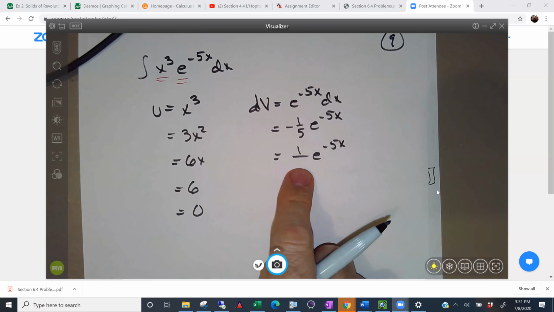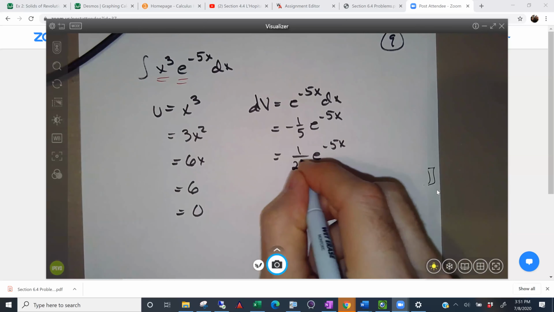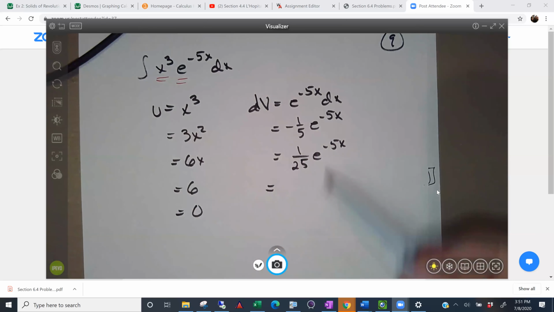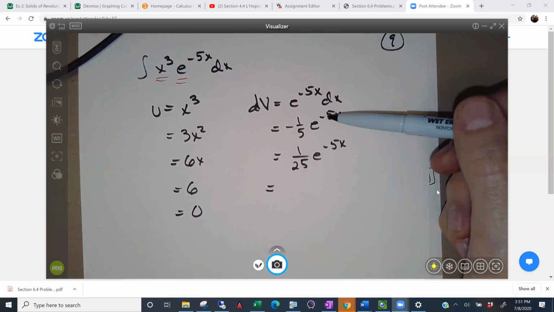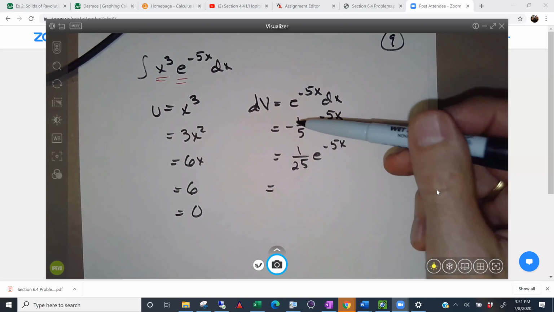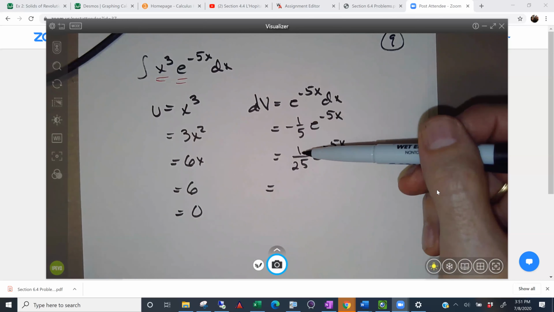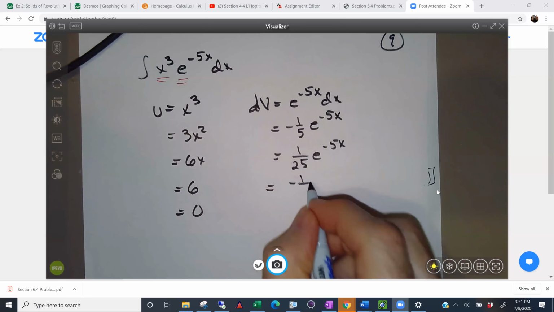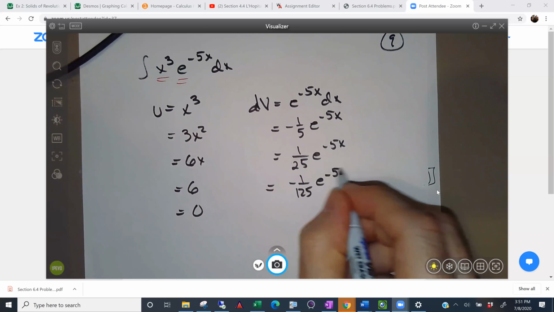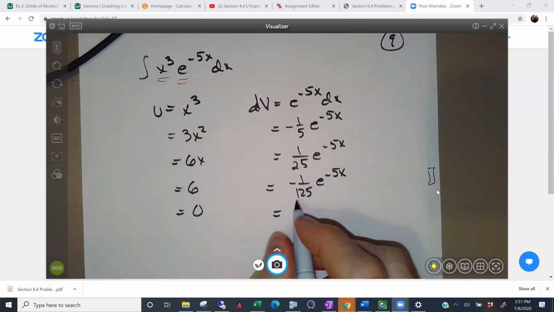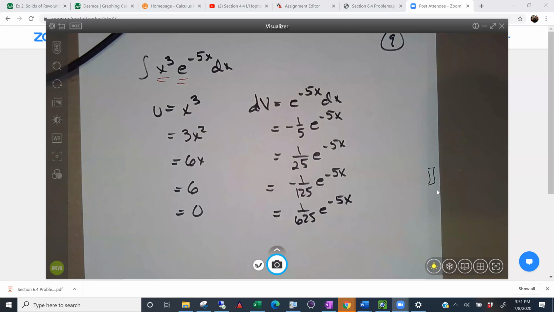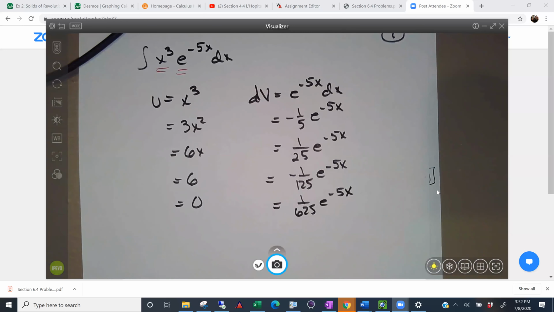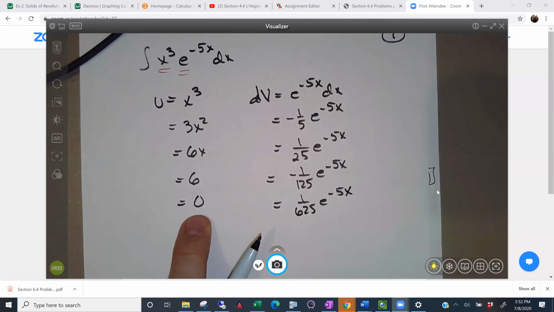What number am I going to put here? 25. Good, 25. And each time, instead of multiplying by negative 5, you multiply by its reciprocal, negative 1/5. So negative 1/5 times this is 125 times negative 1/5 again is negative 1 over 125. And we'll do one more time, so that's going to be 1 over 625 e to the negative 5x. And I can stop there because I got down to the 0 level here.